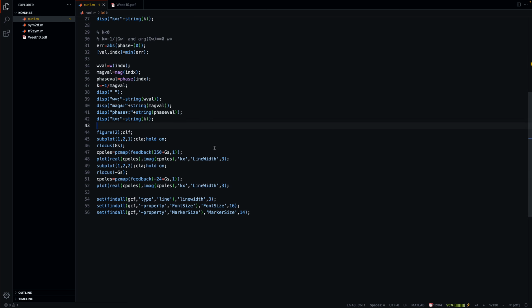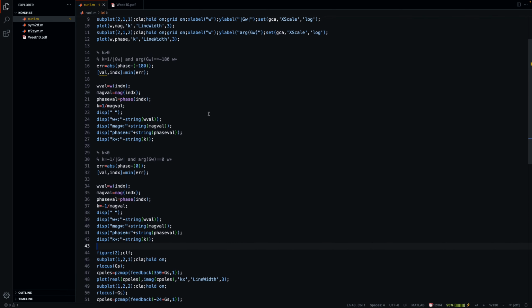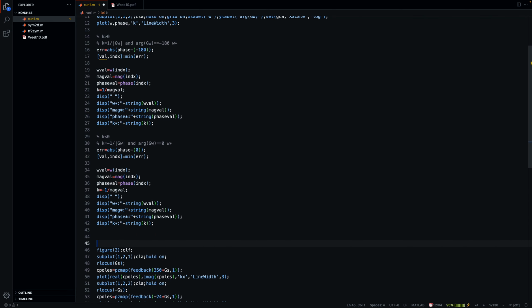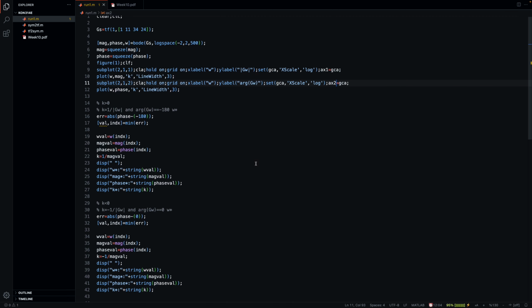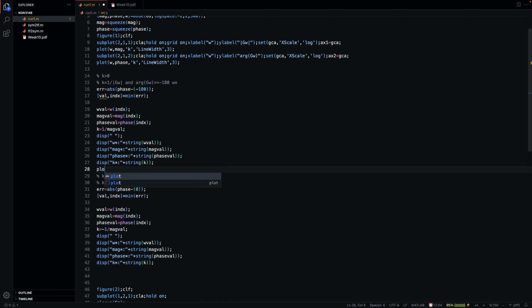So what we can still do in order to help you visually is define this ax1 and ax2, and we can also plot the points of interest. Let's plot omega val, mag val, and then maybe kx, and then line width 3.